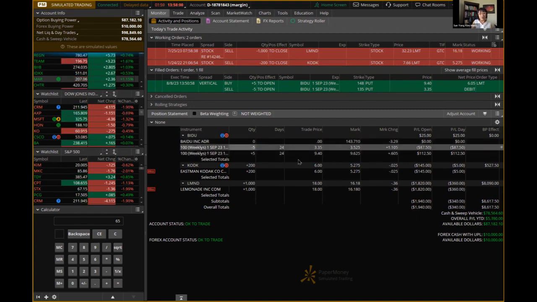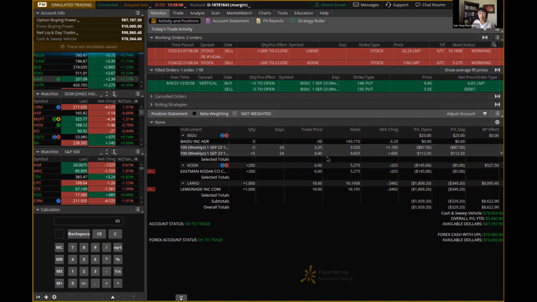You're doing journaling, documenting. Whatever you've done, you have to document everything, right? So we document our trade.